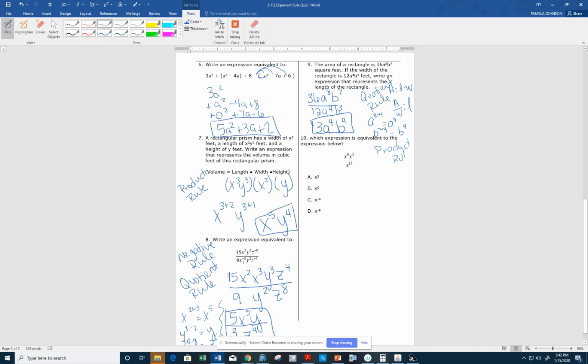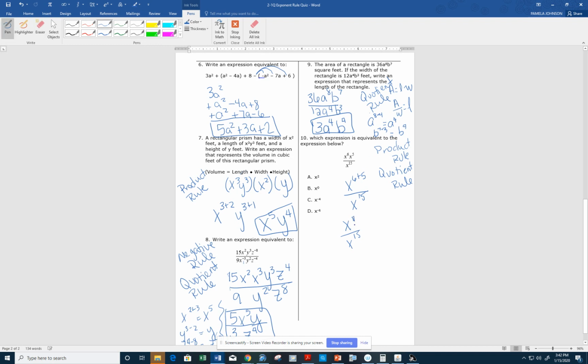And then after we finish the product rule, we've got this x to the 15th on the bottom, then it's going to be a quotient rule. So I'm going to have x to the 6th plus 5 over x to the 15th. Well, that's x to the 11th over x to the 15th.